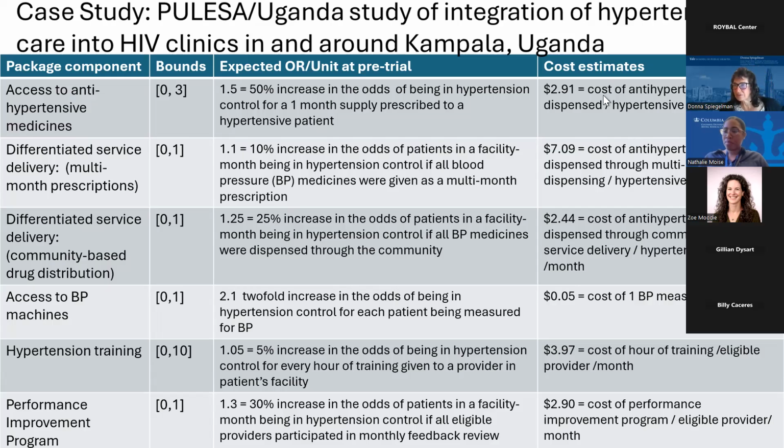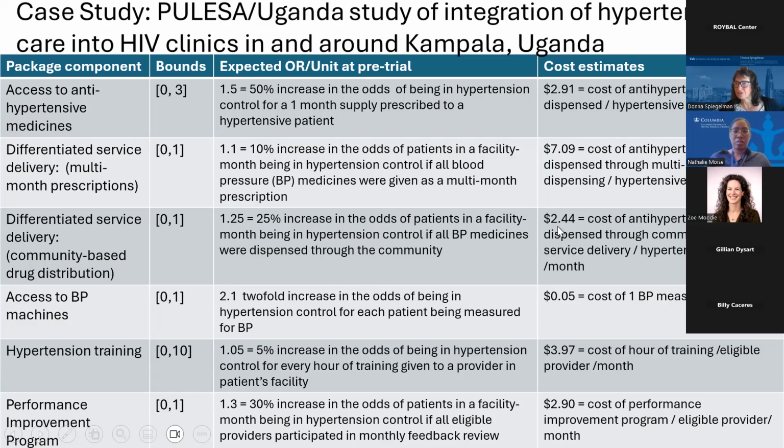And then we put a unit cost on this, and we had health economists working with us. It was estimated in US dollars that it cost $2.91 for a monthly supply of hypertensive drugs supplied. If it's supplied through multi-month dispensing, it's 7.09, but that's averaged over, say, a 3-month period, so then it's actually less.